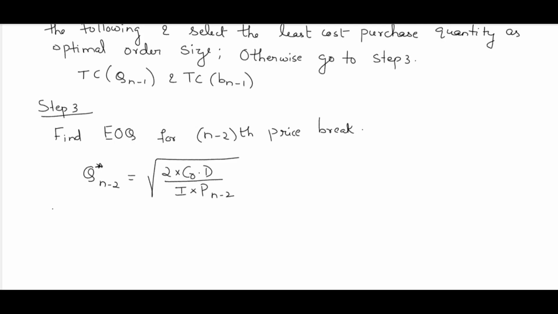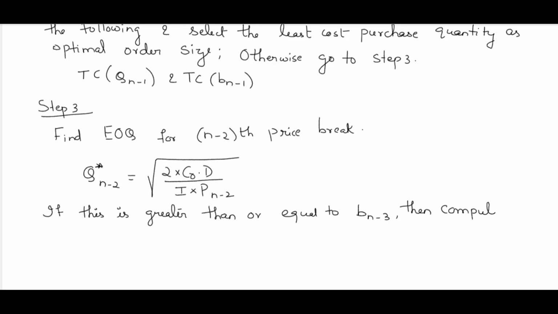That means if Q star n minus 2 is greater than or equal to B n minus 3, then compute the following total costs and select the least cost.